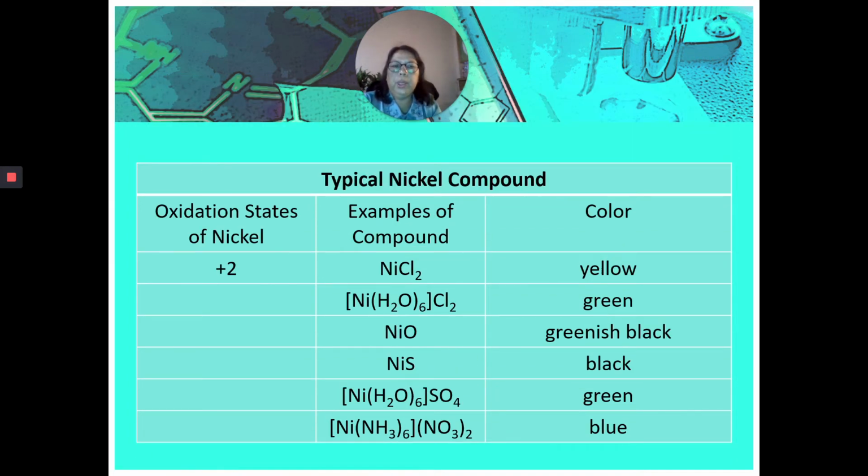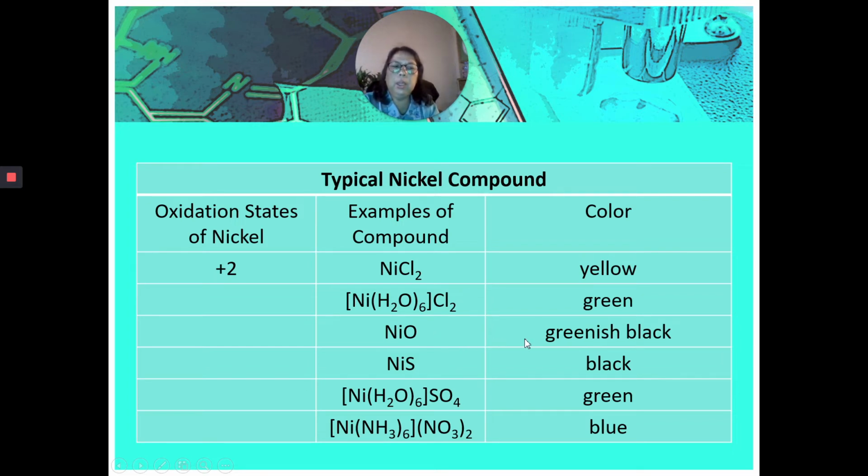And then for the case of nickel, they give the hue of yellow and blue. So for nickel bonded with halides like chlorine will give you yellow, and then in its aqueous form bonded with halide, it gives green.